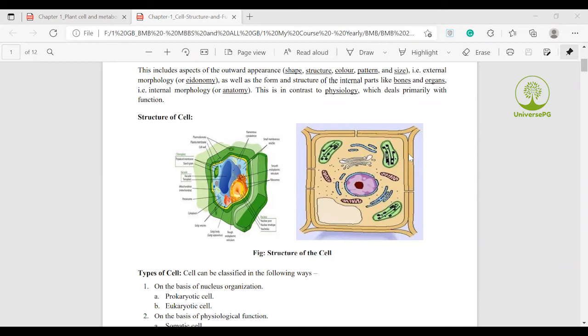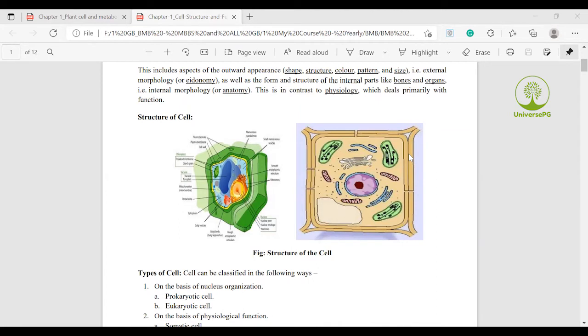This photosynthetic reaction generally occurs in plant cell, not in animal cell. So the second point to differentiate between plant cell and animal cell: in plant cell photosynthetic reaction occurs, but in animal cell it does not. Chloroplast is generally found in plant cell, but animal cell does not have chloroplast.